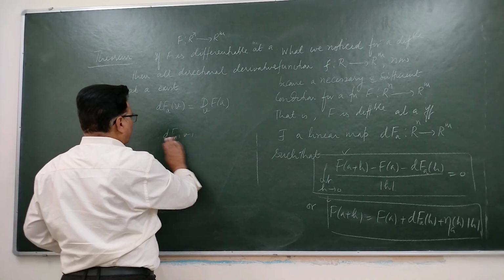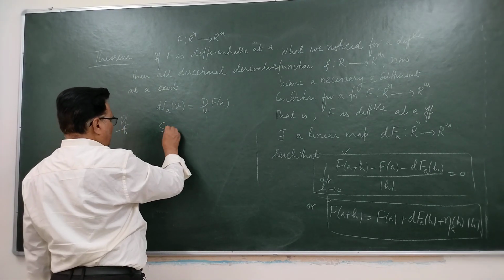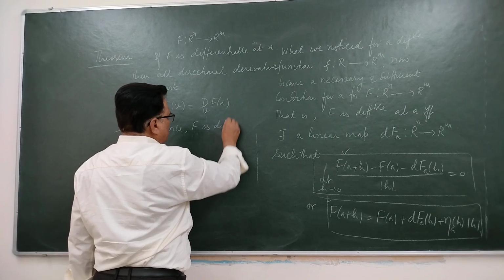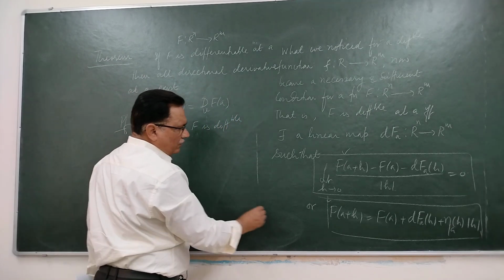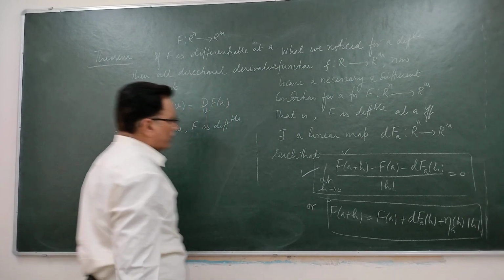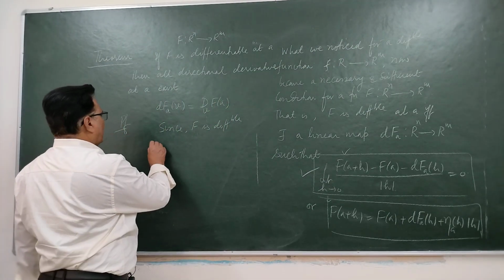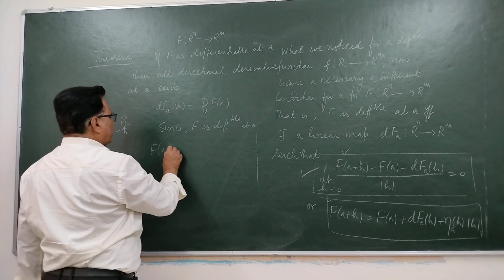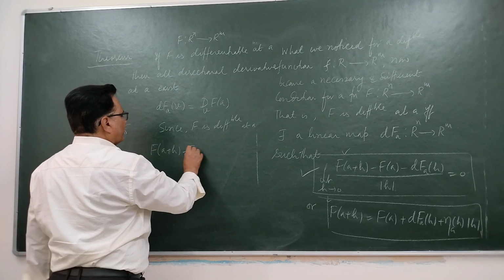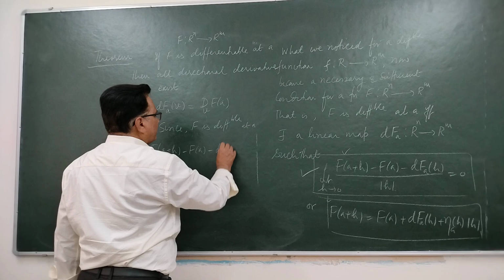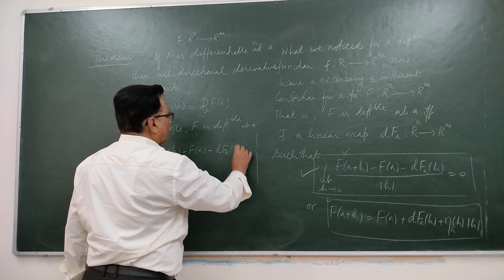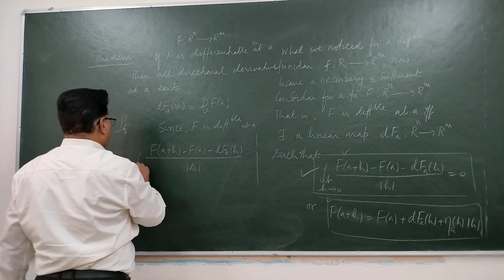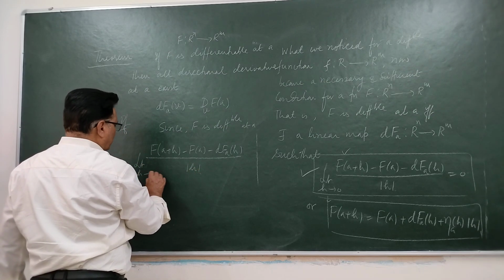So in fact, since f is differentiable, according to this definition, what will happen? Differentiability: the limit as h tends to 0 of [f(a+h) - f(a) - df(a)(h)] upon modulus of h is 0.